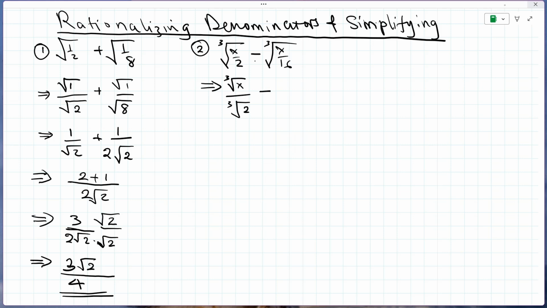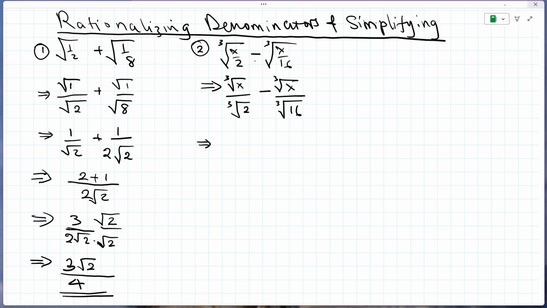minus cube root of x divided by cube root of 16. Now, we can then try to rearrange again our figures.